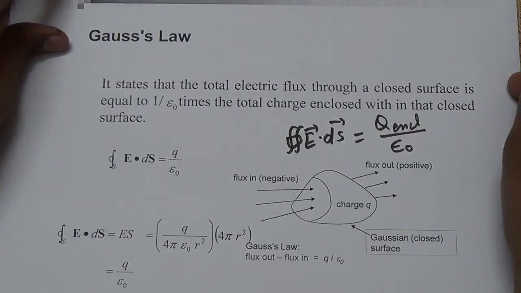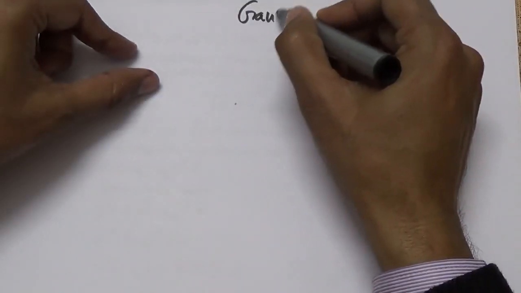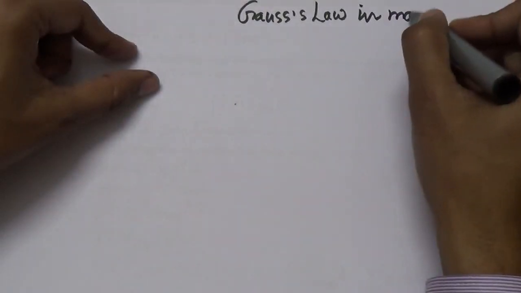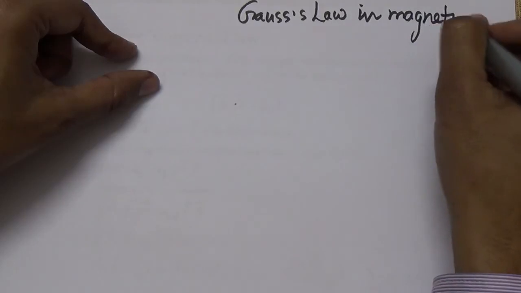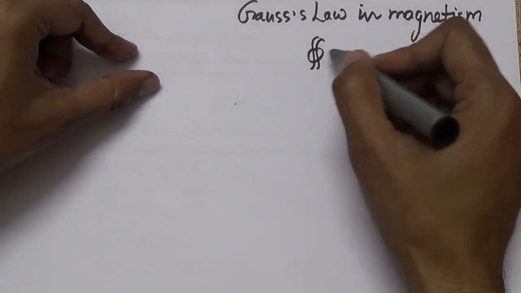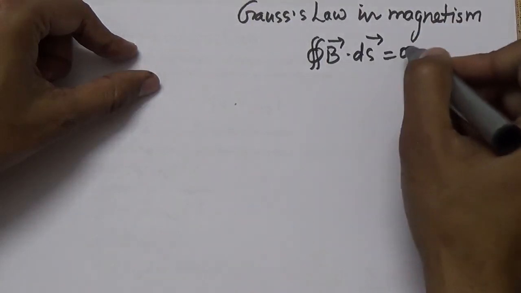Now the second law is Gauss law in magnetism. In the same way we can write that Gauss law in magnetism is closed surface integral B dot ds is equal to 0.